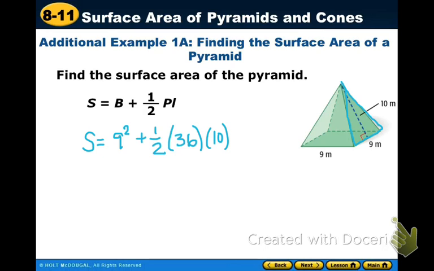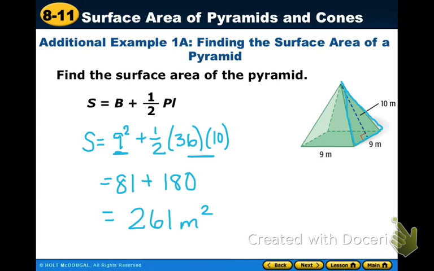So multiplying these all together, we would get 81 plus 180, and if you add those together, and I want you to try this, and again this is meters squared, because this dimension right here would be meters and this would make a meter squared, and you're just adding like terms. So the surface area is 261 square meters.